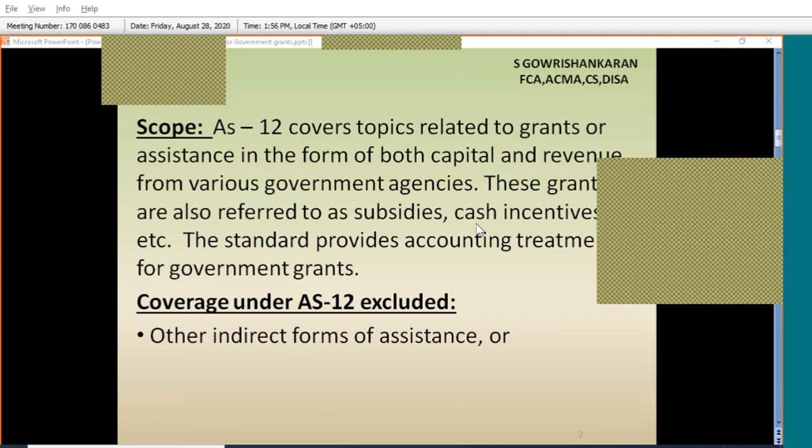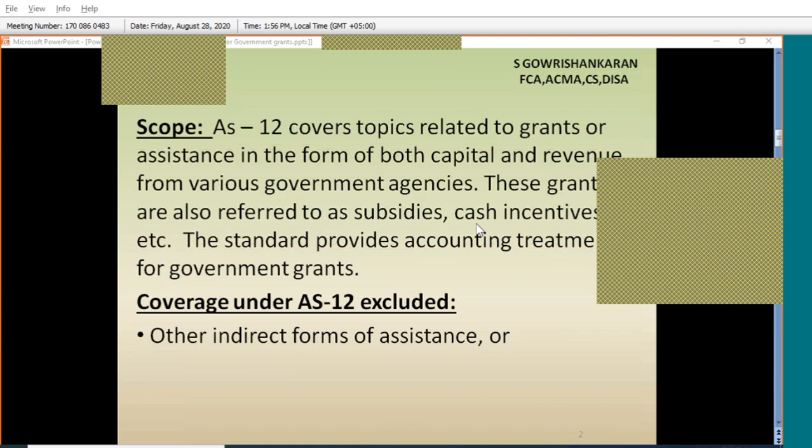Other than this, government supports companies in many ways. That may be a grant also. For example, laying a road for transportation within the industrial area. Inside the campus, government is laying the road. That is an indirect form of assistance.